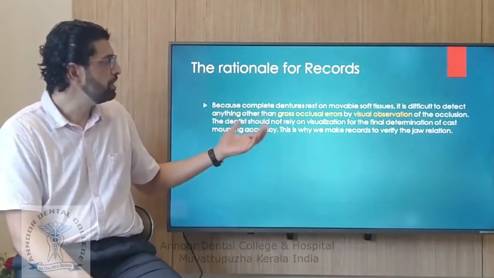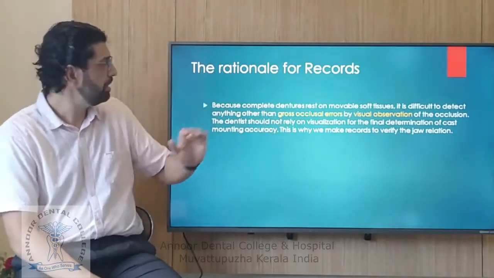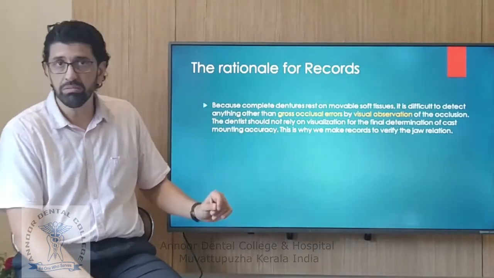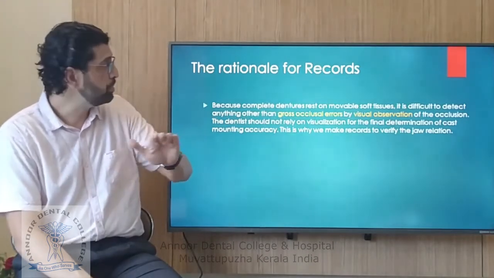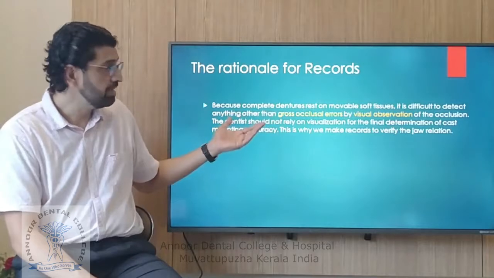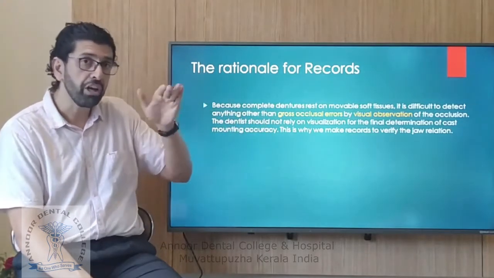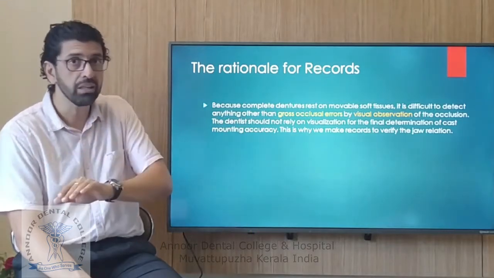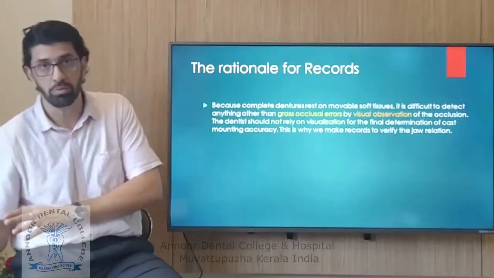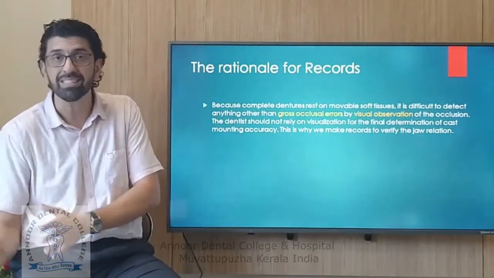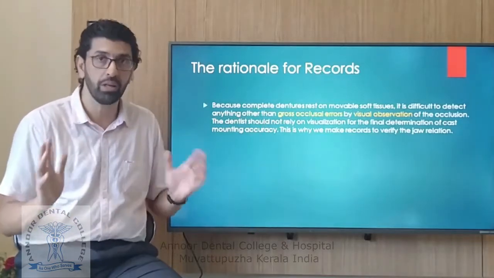So oftentimes we don't rely only on visualization for the final determination of this record. We want to know if the jaw relation is right. We are going to take a record from the patient's mouth, and we are going to verify it on the cast in the articulator, and check if what is in the mouth is the same as what's on the articulator, and there's no discrepancy between the two in terms of jaw relation.